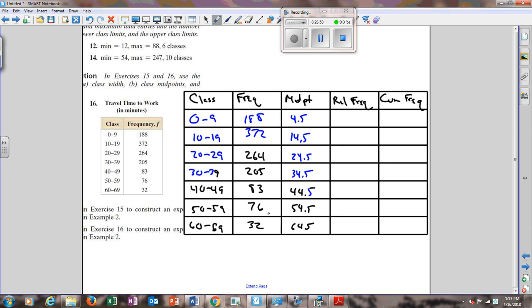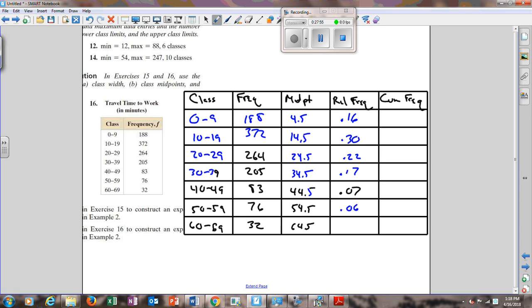So 188 divided by 1220 gives us about 0.16. 372 divided by 1220 gives us about 0.30. 264 divided by 1220 gives you about 0.22. 205 divided by 1220 gives you about 0.17. 83 divided by 1220 gives you about 0.07. 76 divided by 1220 gives you 0.06.